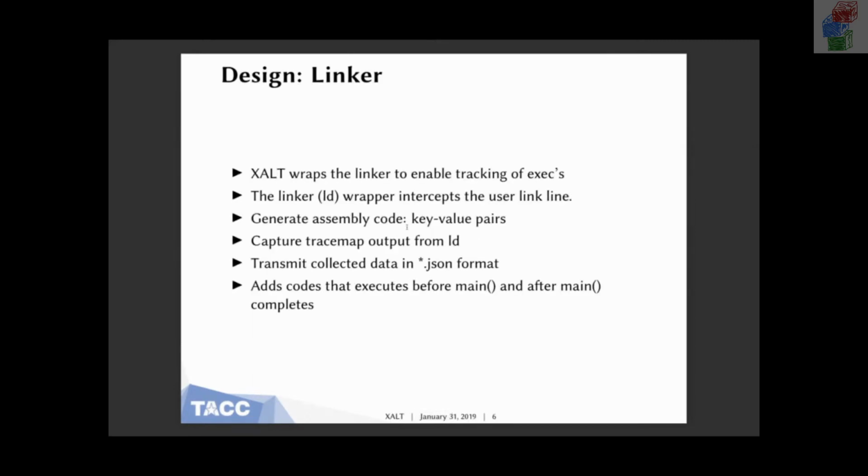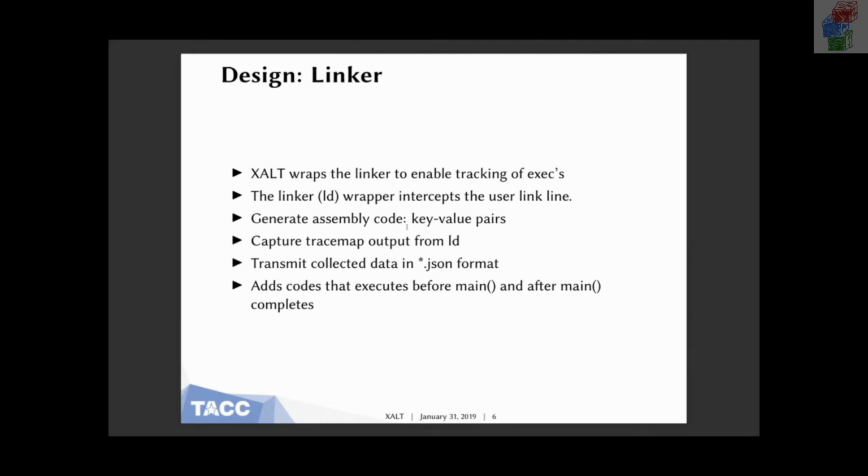XALT wraps the linker, or finds the linker and wraps it, to track executables. We provide our own LD command, which then intercepts the user's link line. It generates key value pairs.